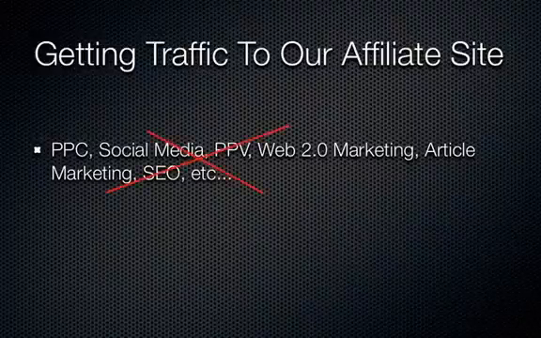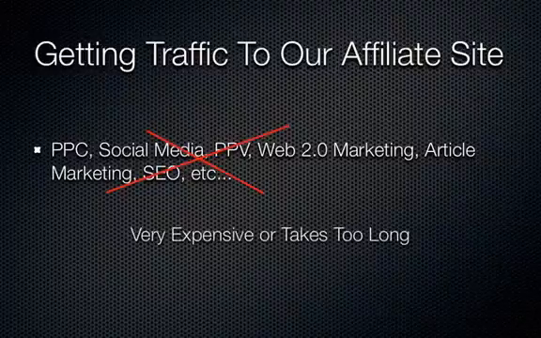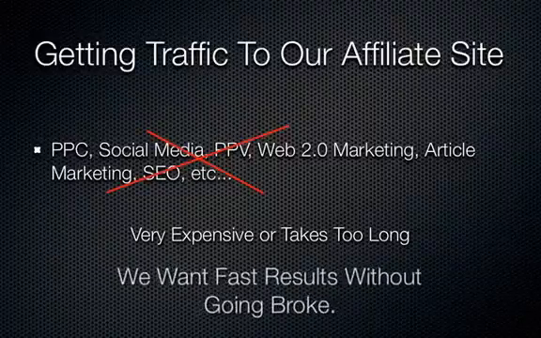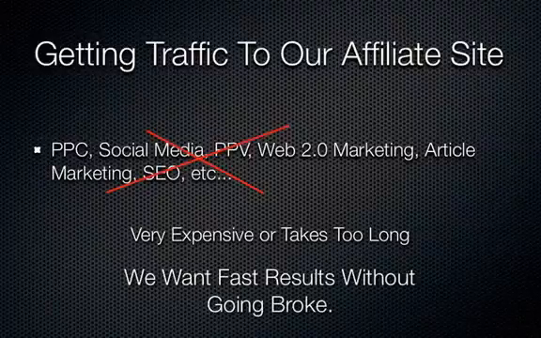But for this particular method, we're not going to use any of those, because they can be either very expensive or take way too long for you to start seeing results, especially with affiliate marketing. You don't want to spend a lot of money on advertisement. We want to get fast results without going broke.